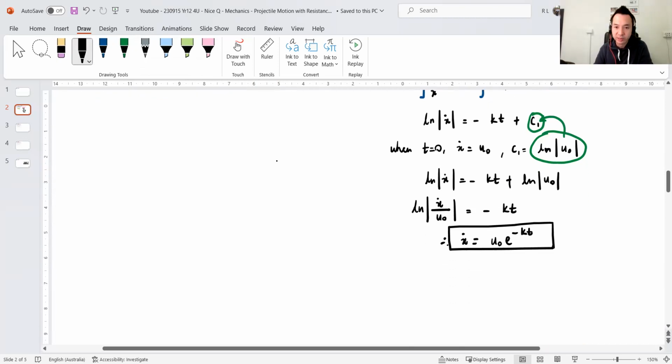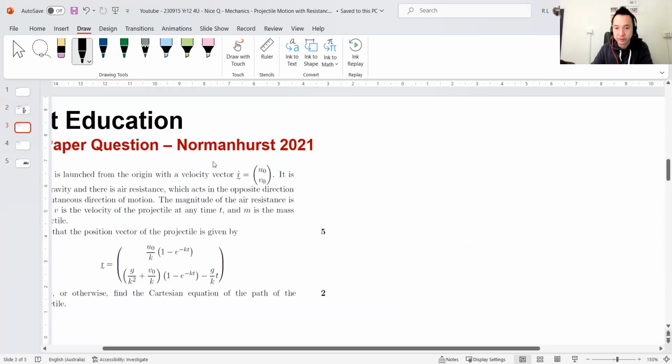Now we need to do displacement. So once you get that dx dt, which is velocity, equals u0 e to the minus kt, once again, times that up and integrate both sides. Let me just do it all in one step. x equals the integral of u0 e to the minus kt dt, which is a very easy integral, right? Oops, at the very bottom.